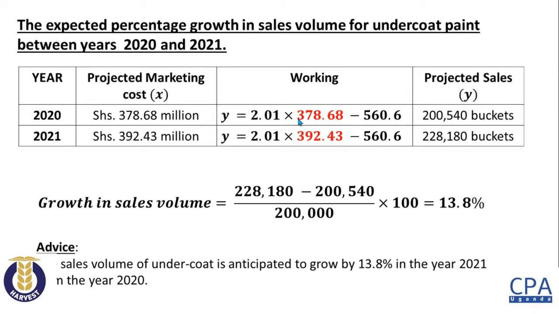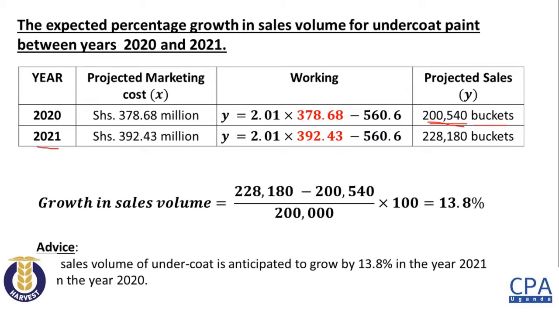So I replace where there is x with the projected marketing cost. For 2020, I'm going to insert 378.68 times 2.01 minus 560. The projected sales, as you can see on my screen, come to 540 buckets of paint.